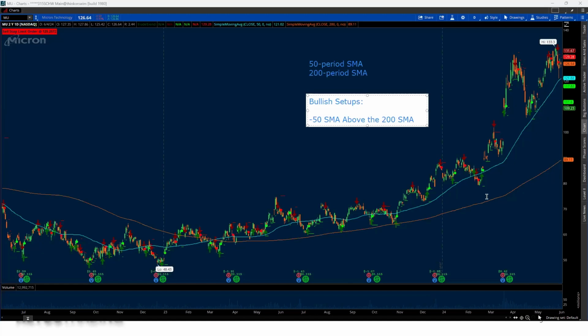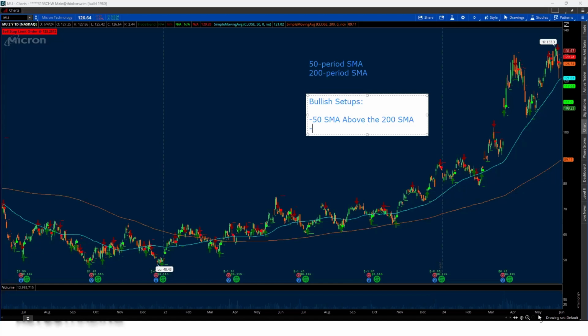You can see on Micron here, just to clarify, the blue line is our 50 period simple moving average. The red line is our 200. So we want to see the blue above the red for buy signals. So the 50 period above the 200 period.